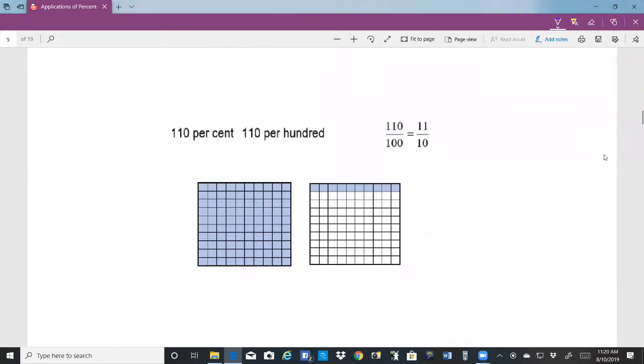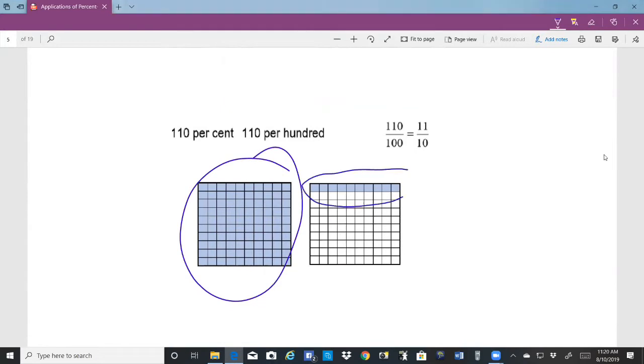If you had 110% of an amount, that means you have the full amount plus 10 more, which would be 110%, and the fraction would be 110 over 100 equal 11 over 10, reduced to lowest terms.